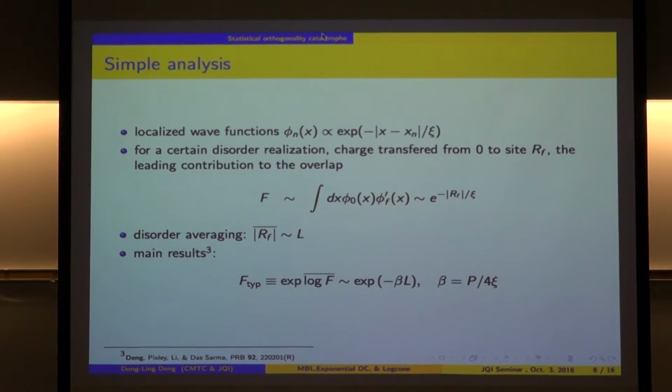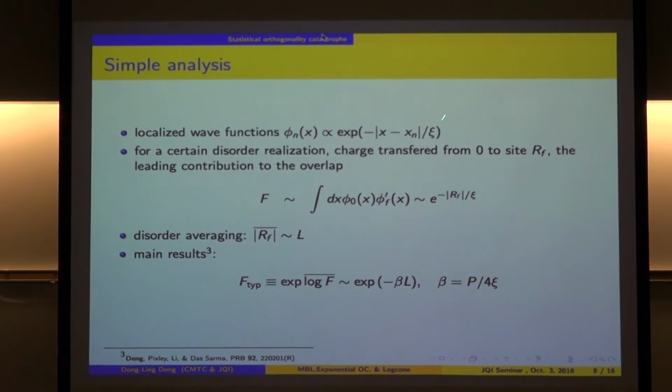Now let's do some simple math to understand why it is an exponential decay with the system size. We also want to get some intuition from the non-interacting case. For the non-interacting case, all the single-particle wave functions are exponentially localized near the localization center. Here, x_n is the localization center, and ξ is the single-particle localization length.